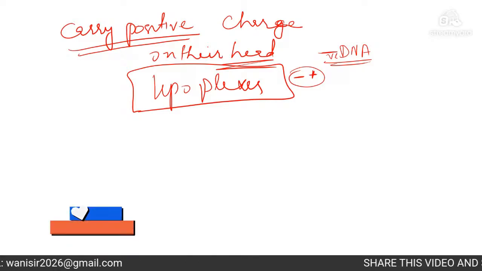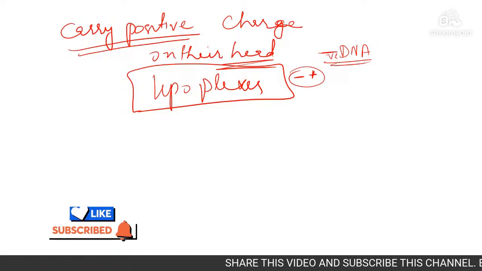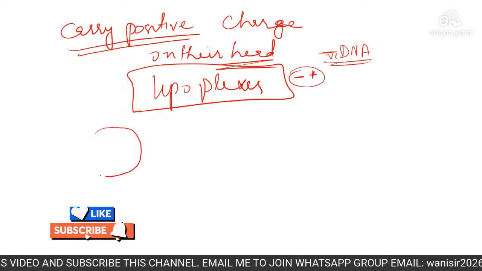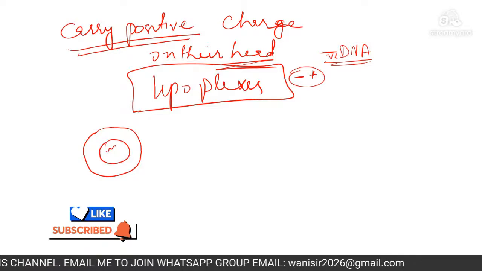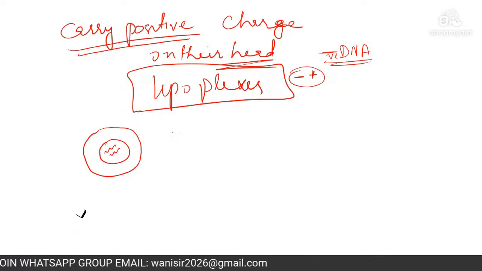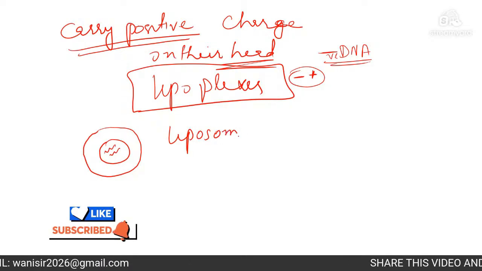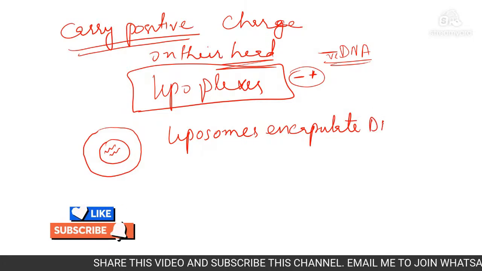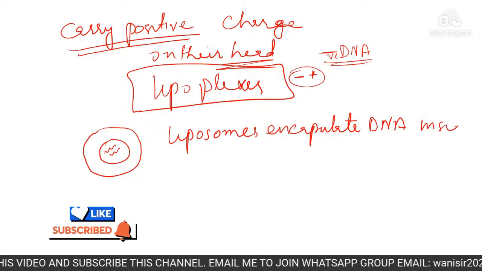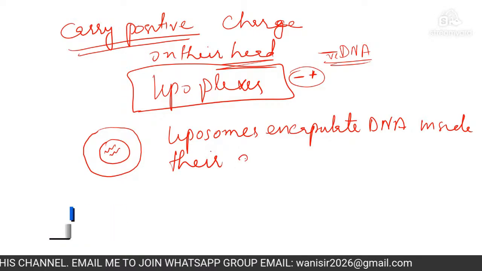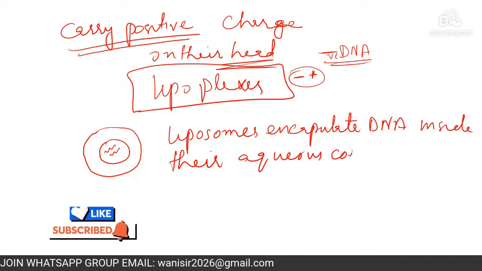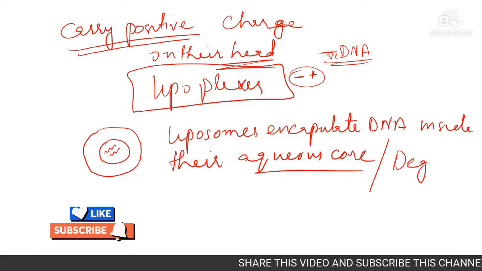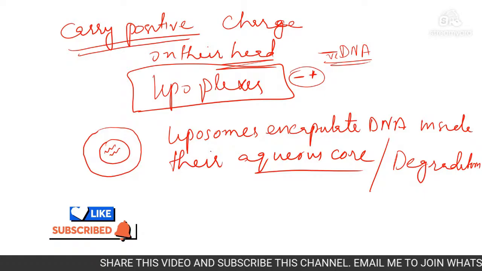What is the way to form the liposome complex? Liposomes can encapsulate DNA, that is, the DNA is inside the liposome, inside their aqueous core, protecting it from degradation. So this is the first way.